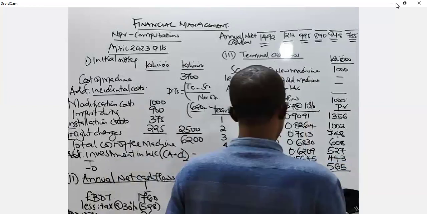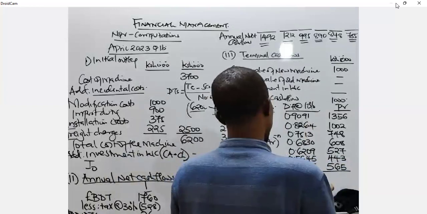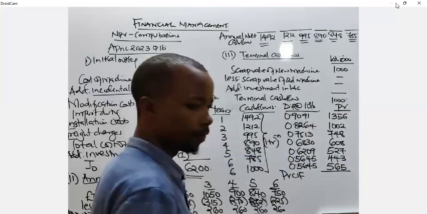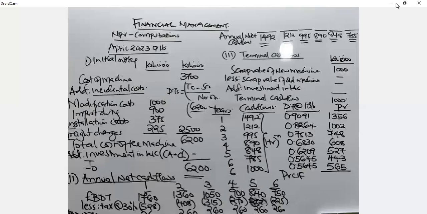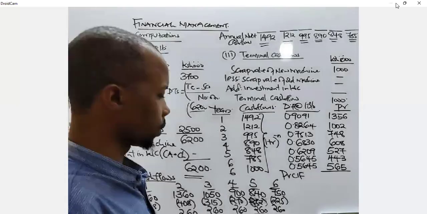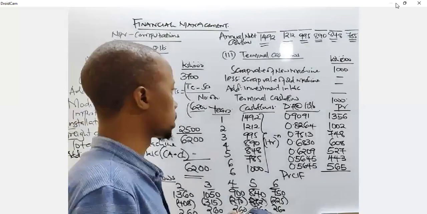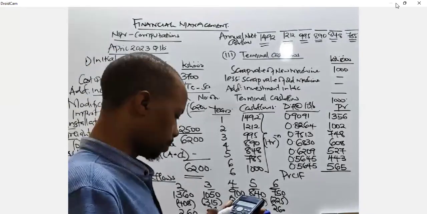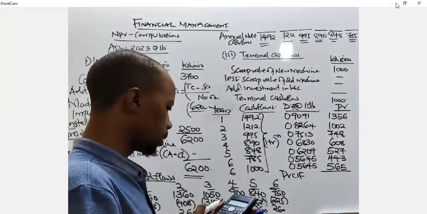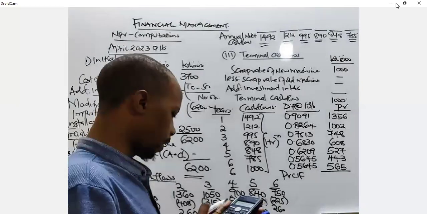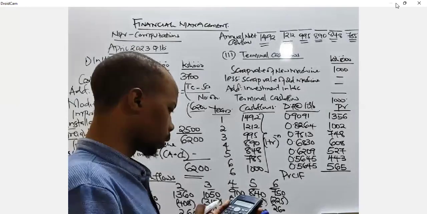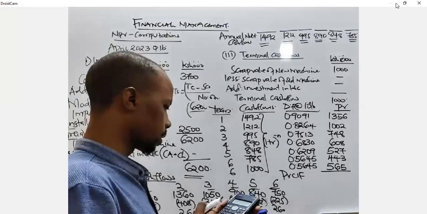So how much is the present value of the cash inflow? Very simple. You just need to do your summation. 1356 plus 1,002 plus 748, plus 608 plus 527 plus 443 plus 565.